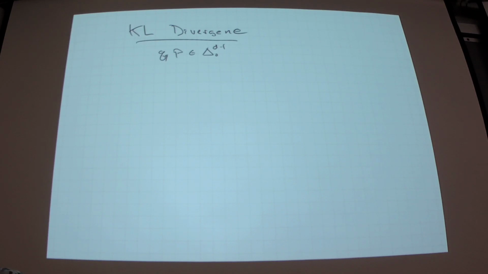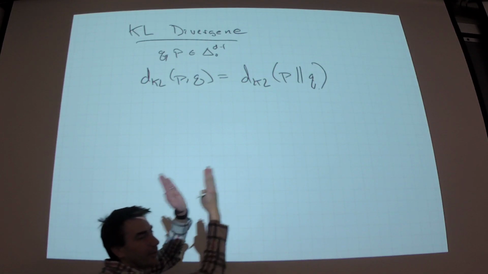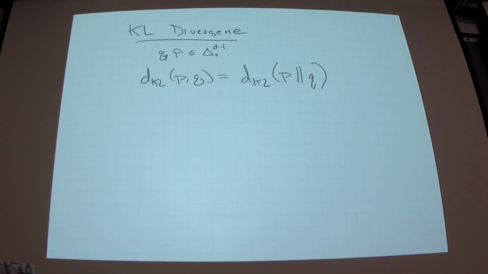In that case, the KL divergence between P and Q is often written in this strange notation where you write P, then these double bars, and then Q, and I'll explain why that is.